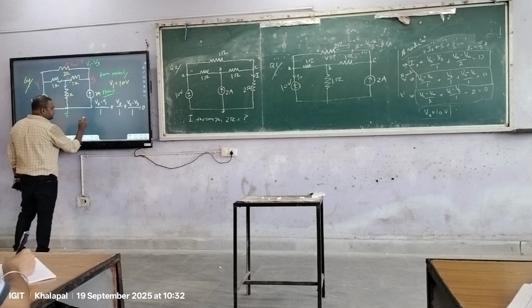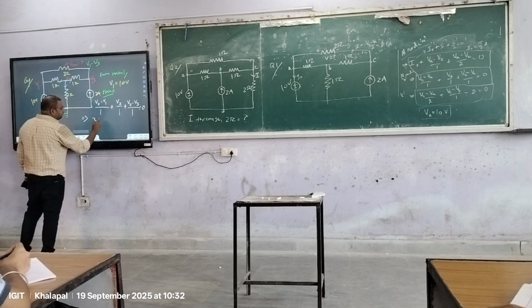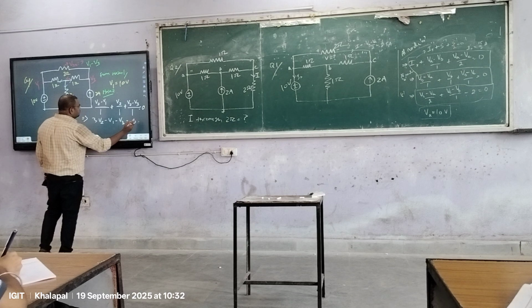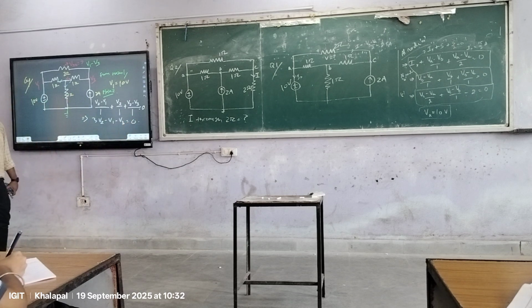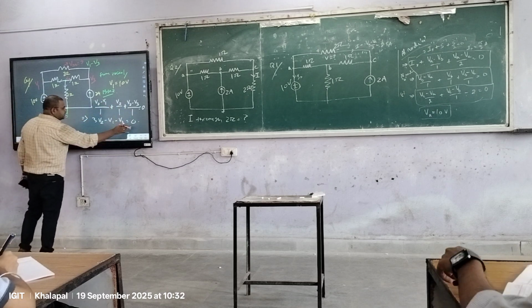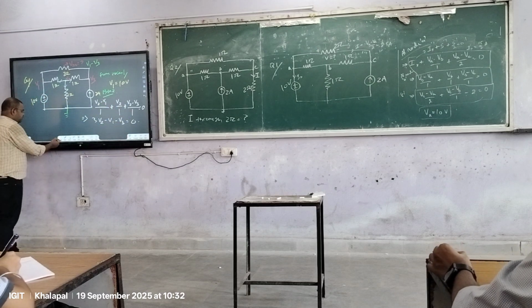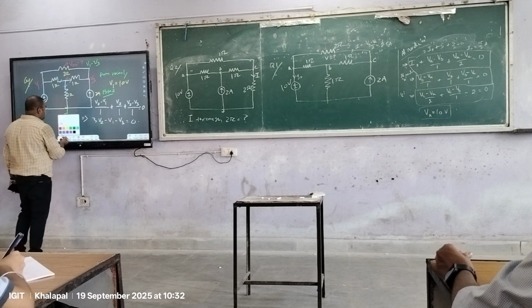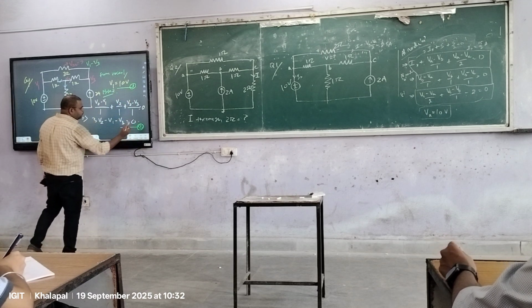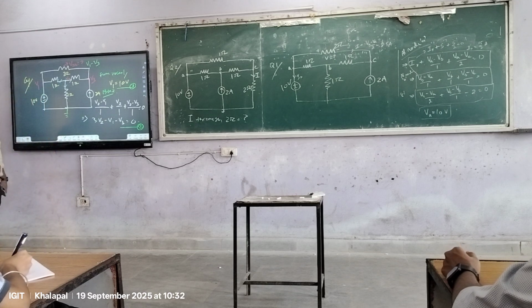So what is the net equation here? 3V2 minus V1 minus V3 is equal to 0. So this is going to be equation number 2. So this one is equation number 1, and this is equation number 2. Right? Now come to node 3.